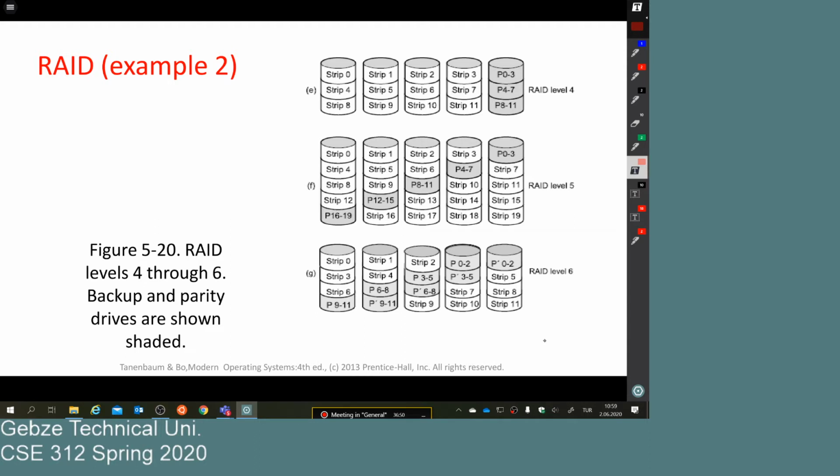So what is the difference between E and F? Which one would you prefer? What is the advantage of F over E, or what is the advantage of level 5 over level 4? They kind of use the same idea.